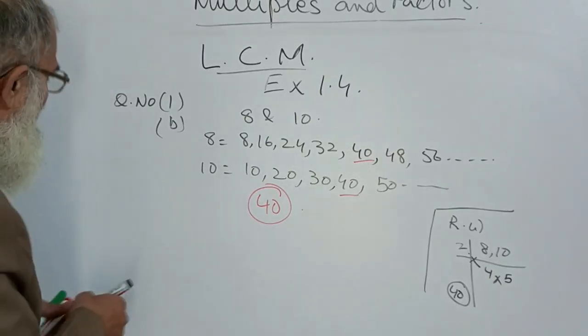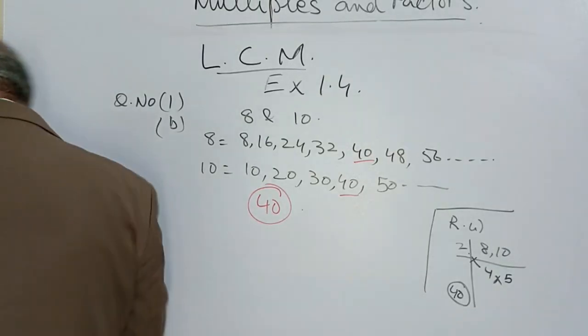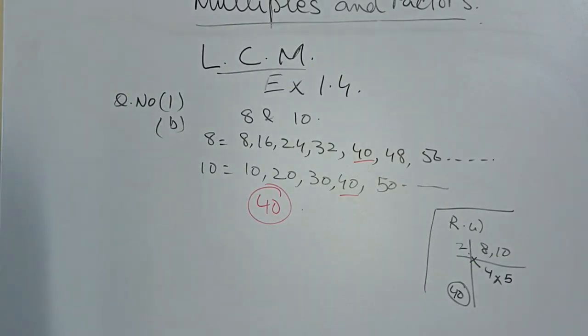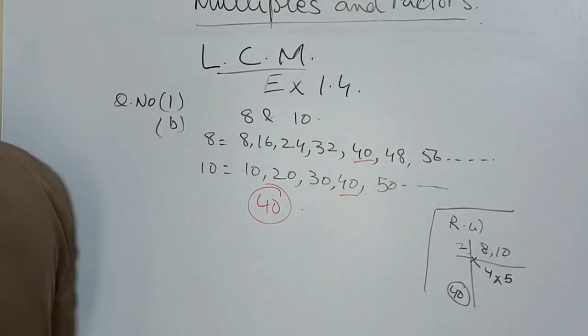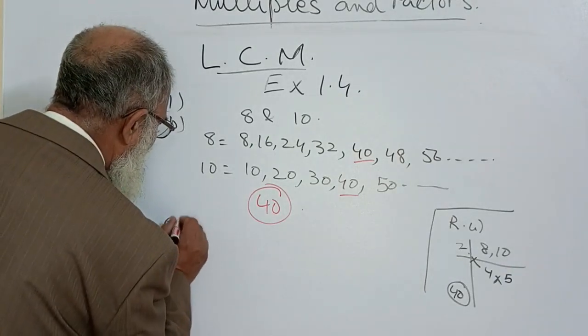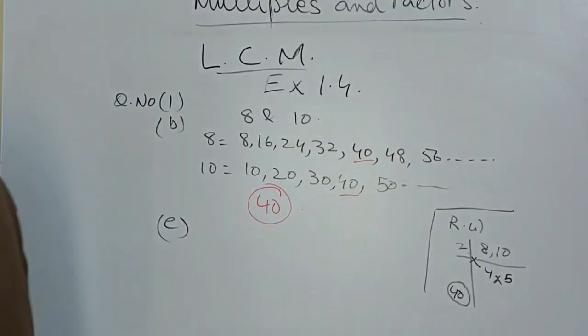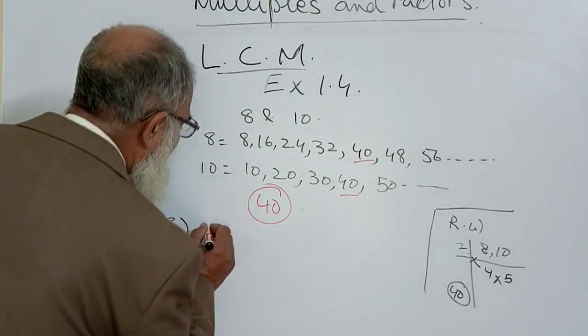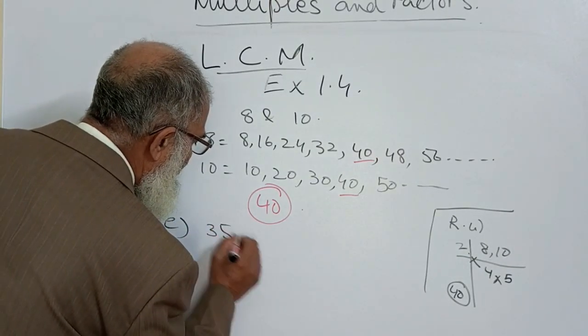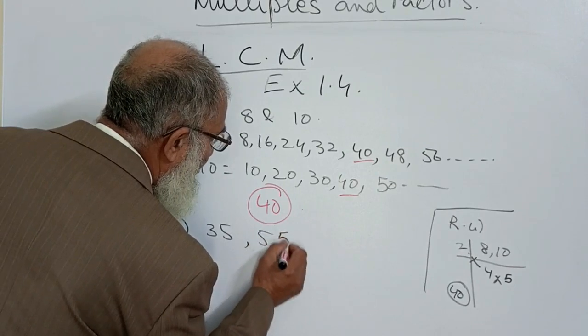Let's proceed to another question, and that is part E. In part E, there are again two numbers, 35 and 55.